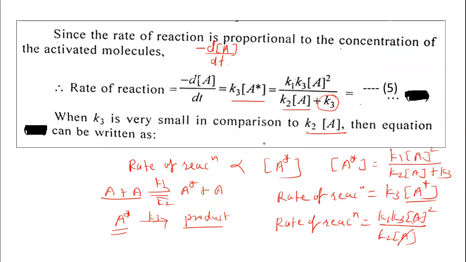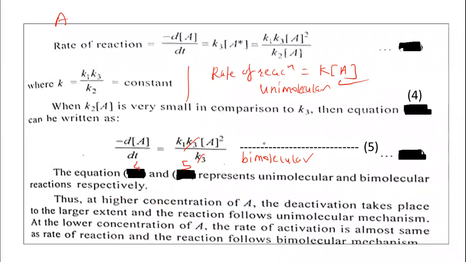When K3 is very small compared to K2 into A in the denominator, the equation can be written this way, and the rate of the reaction is directly proportional to A. It means it is a unimolecular reaction. But if K2 into A is very small in comparison to K3, then it is a bimolecular reaction, because you can see here A square. So this is about the kinetics involved in the unimolecular reaction.